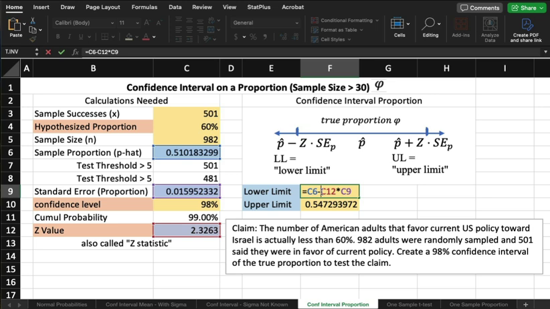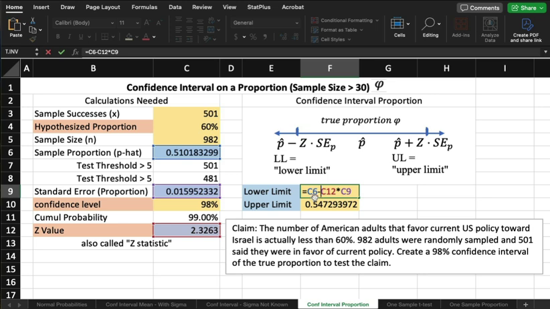So here's what you type into cell F9, because I have the lower limit in F9 and I have the upper limit in F10. Above it is just a picture of what the confidence interval looks like. So here's what you type into F9, equals C6 minus C12 times C9.